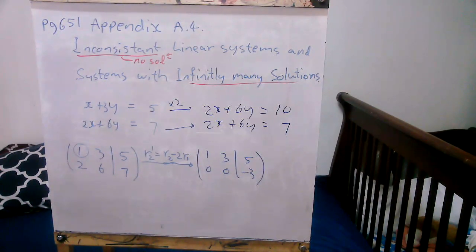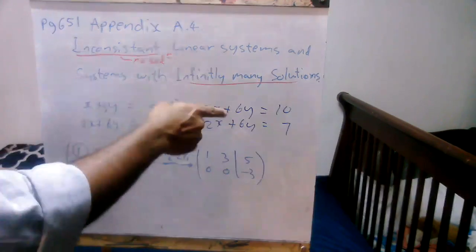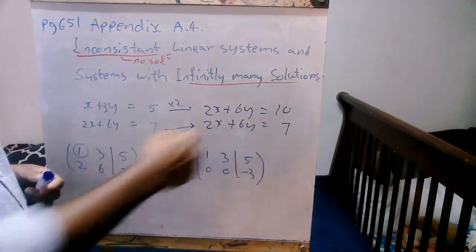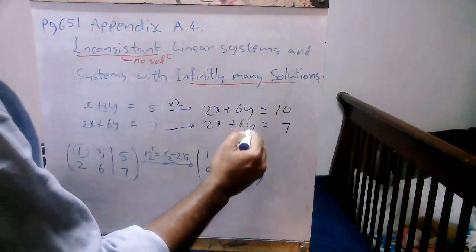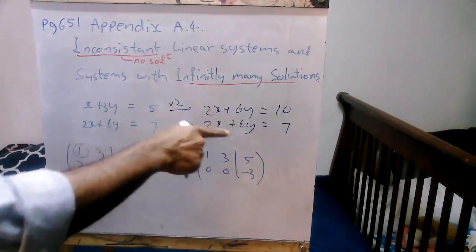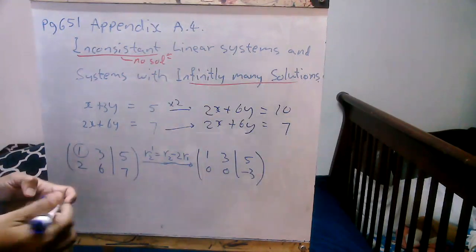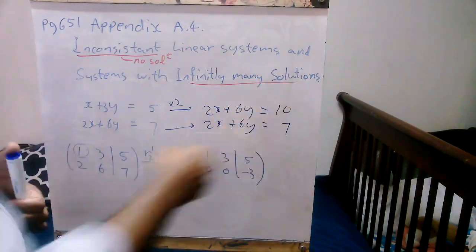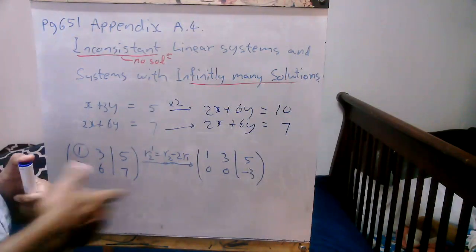Now once we get that, you immediately notice 2x plus 6y is the same thing on the left side. That means if you solve these two equations for y, they both have the same slope and different intercepts. Understood?